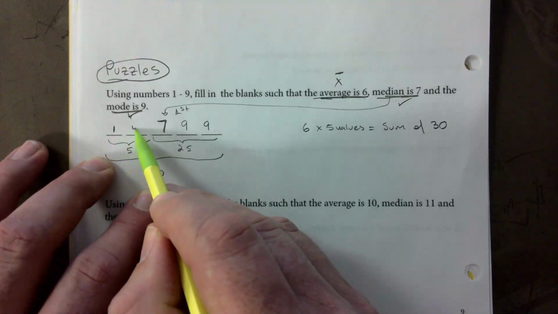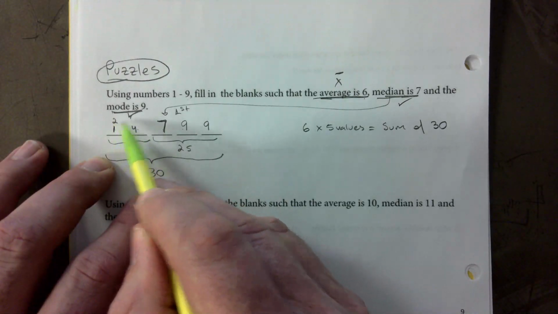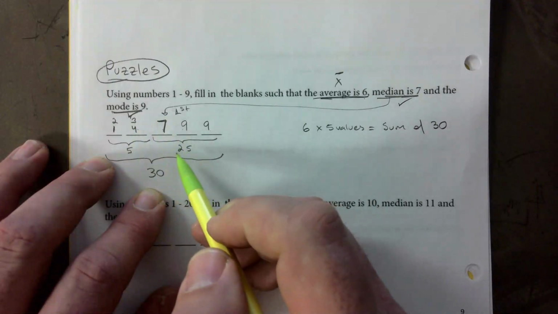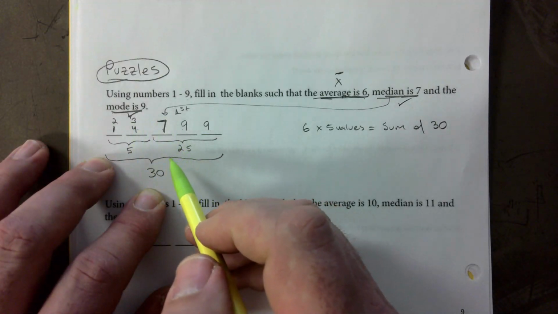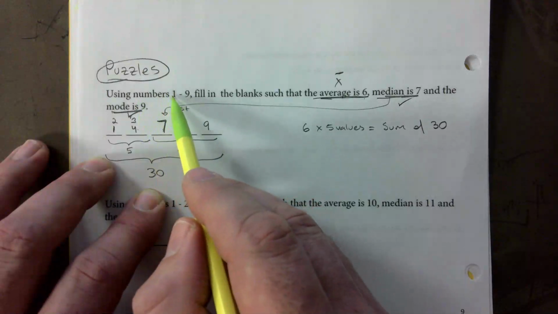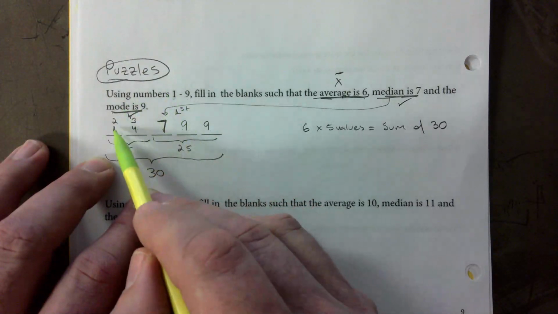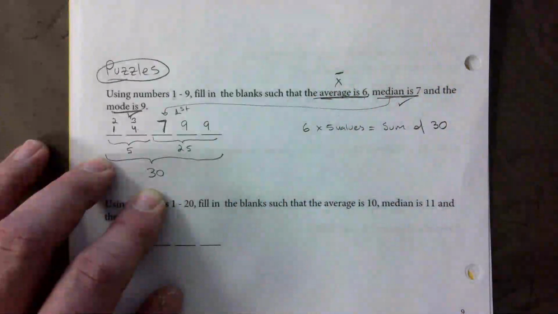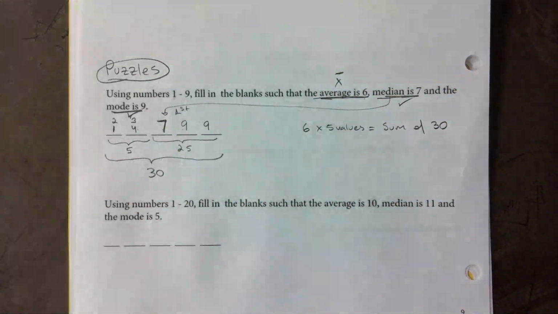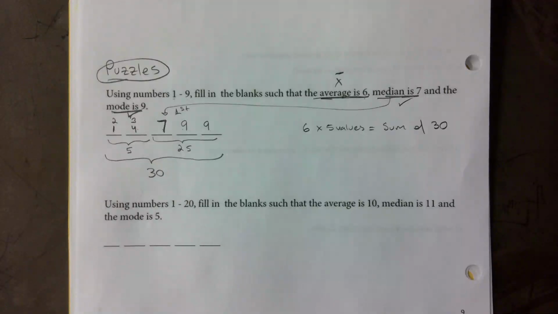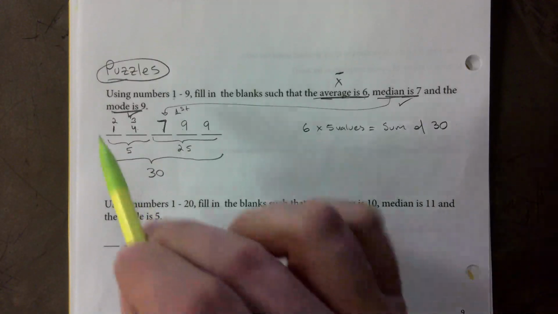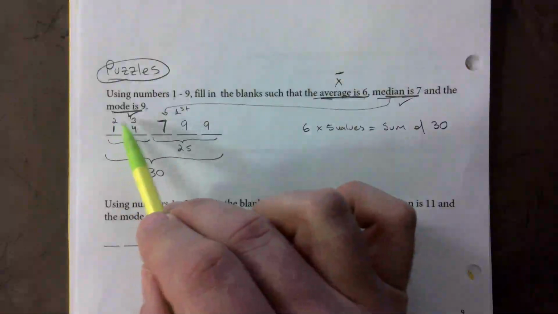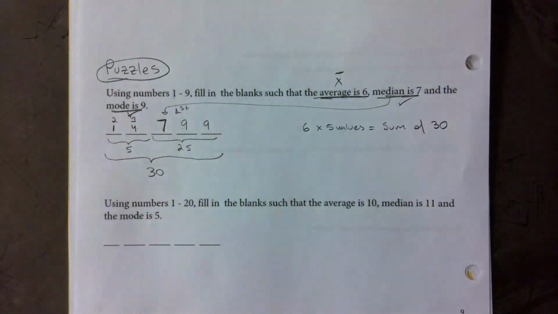You could go 2 and 3. There's no 0 and 5. If 0 had been an option, you could have gone 0, 5, but in this case we don't. So that's how you do this. So 1, 4, 7, 9, 9 or 2, 3, 7, 9, 9. It's up to you how you want to do it.